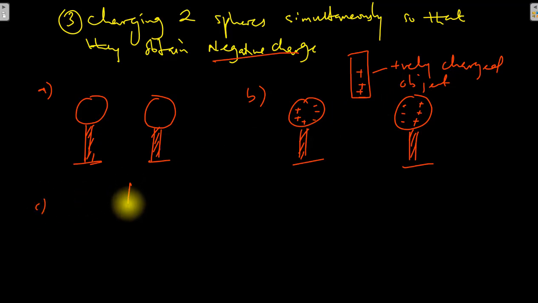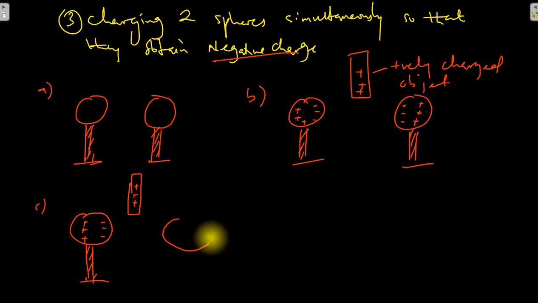In the third step, I keep the positive body in place. I only do a simple modification here. This is negative, positive, negative, positive.